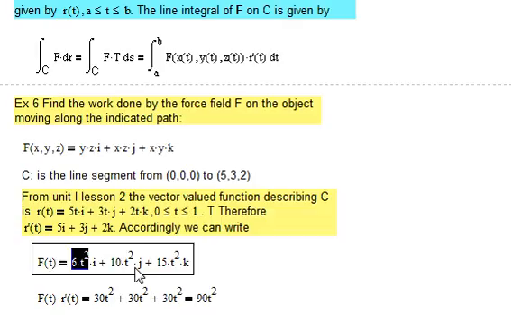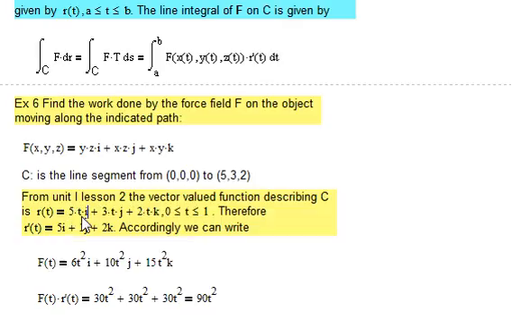Similarly, the j component, maybe take a second, figure that out for yourself. It's x times z, so 5t times 2t, so 10t squared, j. And similarly, xy, well, 5t times 3t is 15t squared, k.